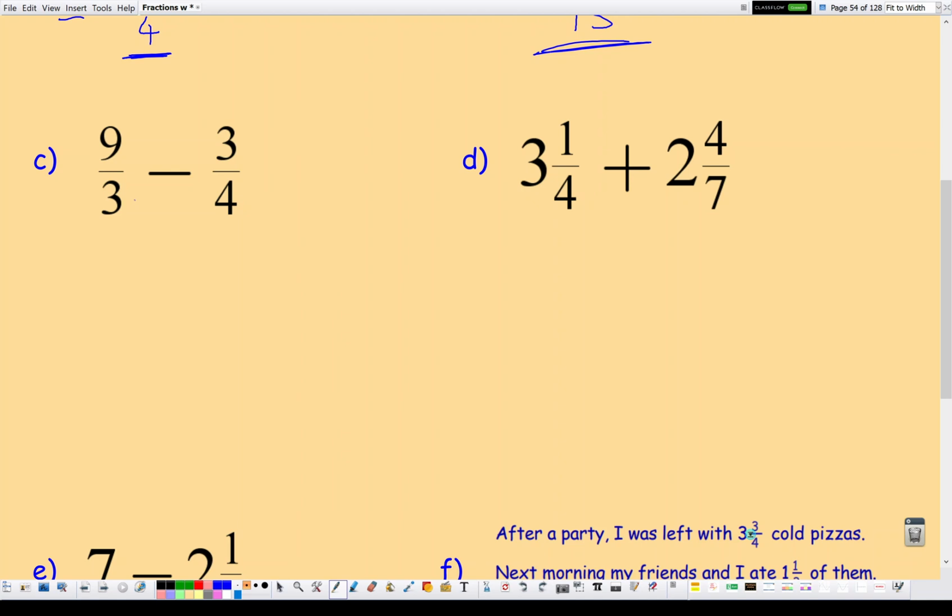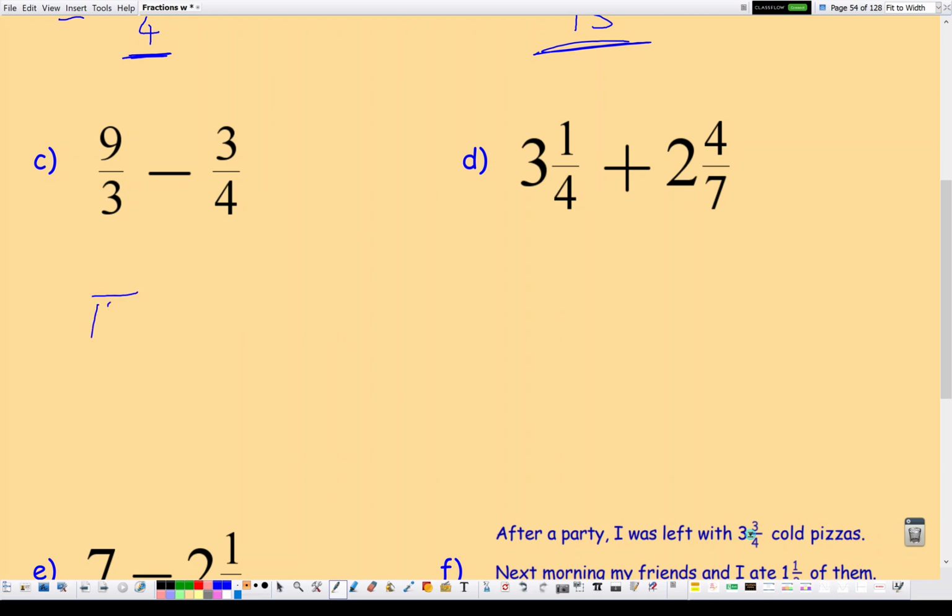Tell me, write it in the comments. What is going to be on the bottom? What is the lowest number 3 and 4 will go into? Okay, Sam, yeah, 12. That's correct.